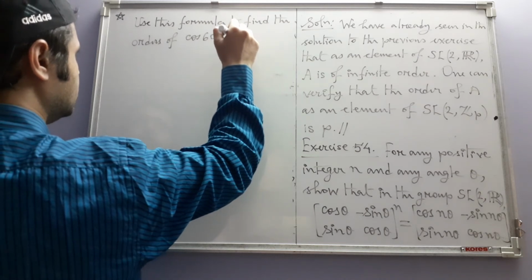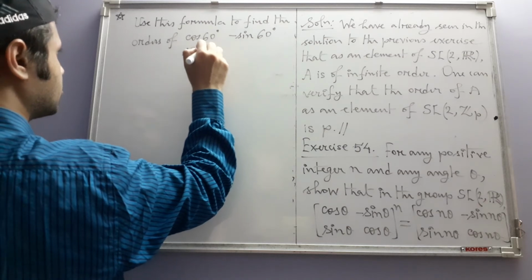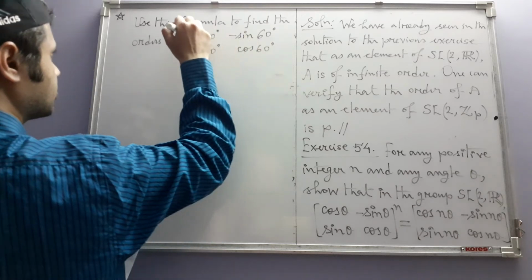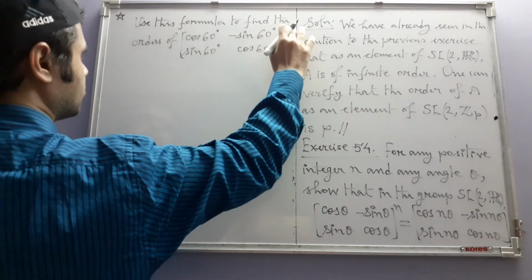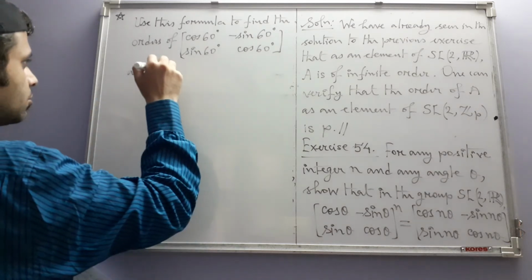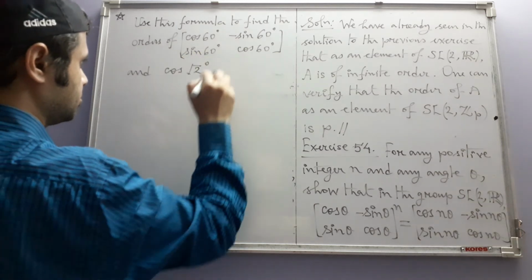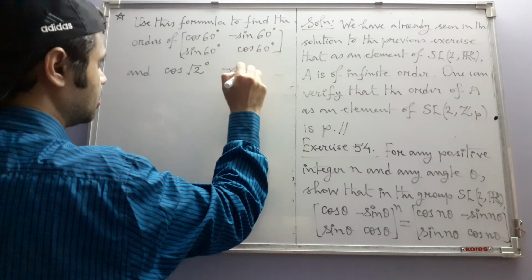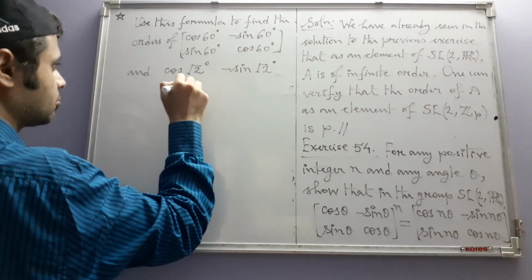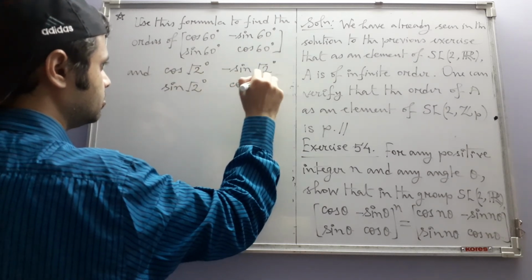Cos 60 degree, minus sin 60 degree, sin 60 degree, cos 60 degree, and cos root 2 degree, minus sin root 2 degree, sin root 2 degree, cos root 2 degree.